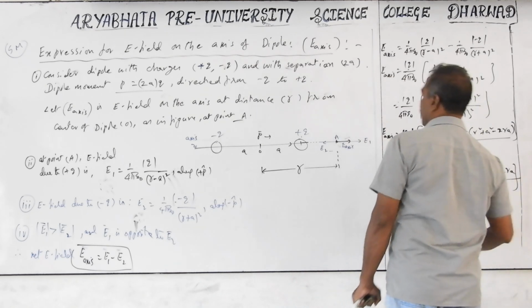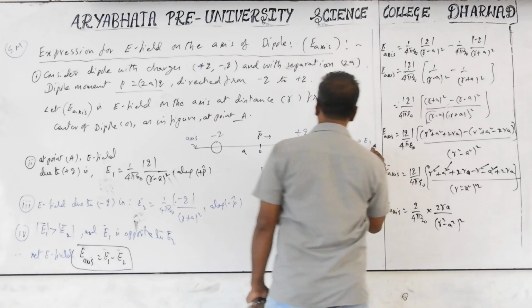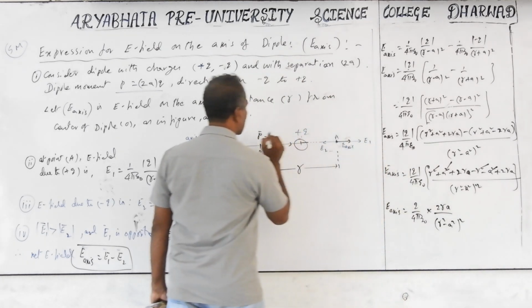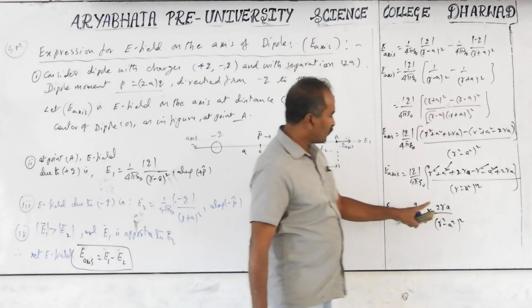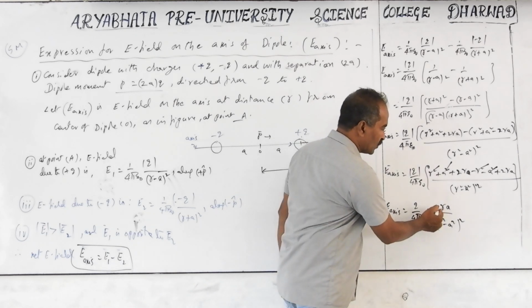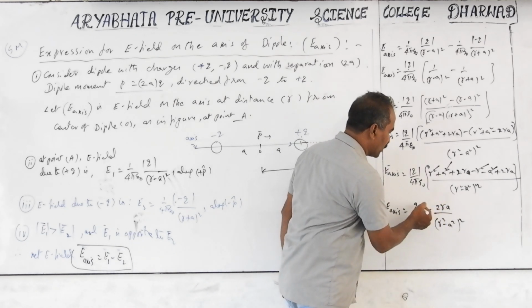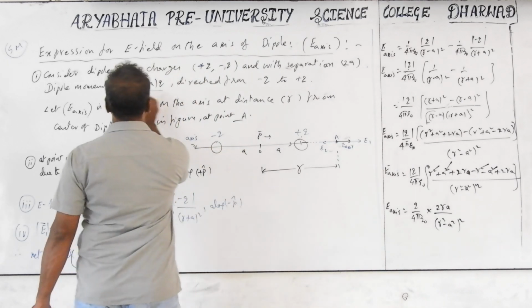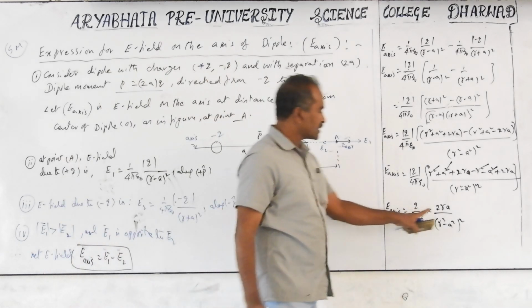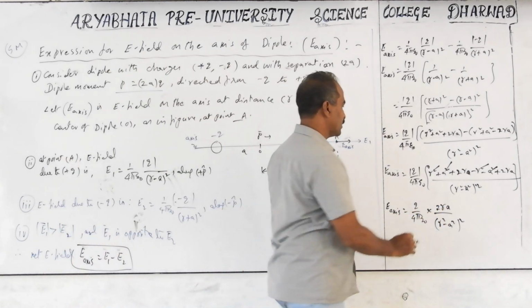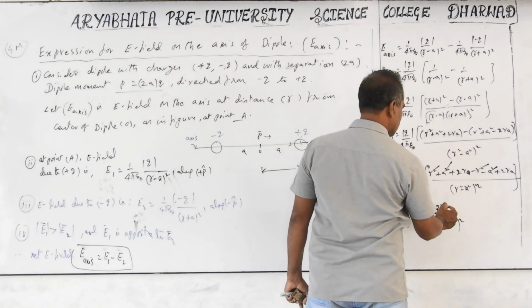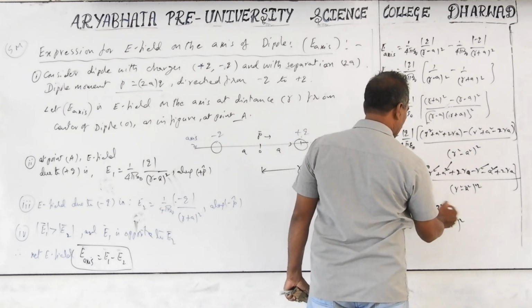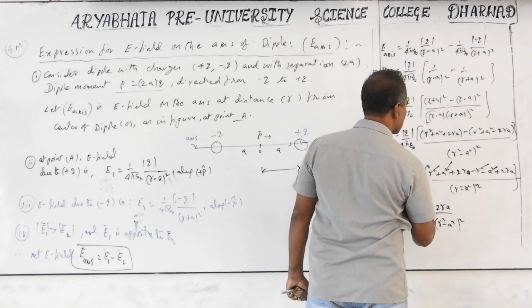In what direction are we taking this? It is in the direction of E1, meaning in the direction of p. But we have the 2aq. In this you can separate 2aq, 2 into a into q. What is 2aq? We have taken it as p. So this we can replace as 2p. 2aq is nothing but equal to p we can take.